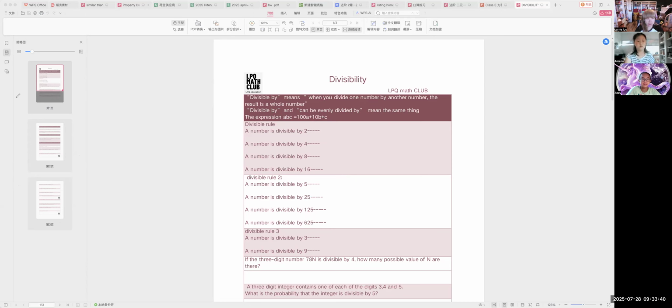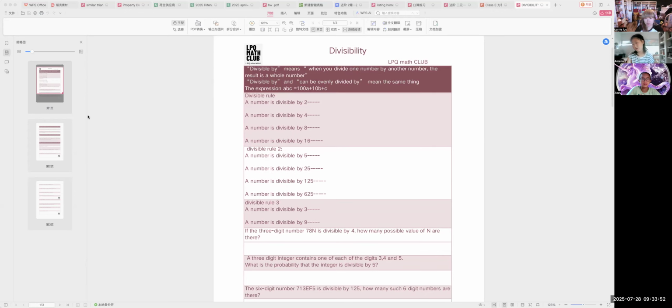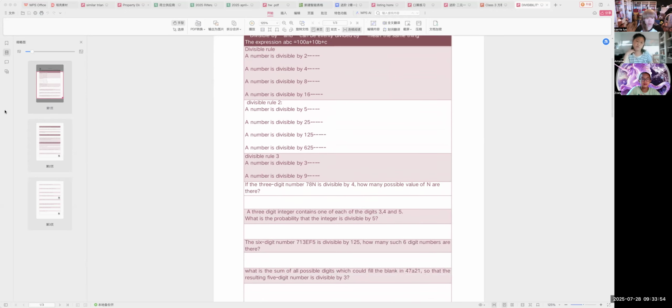Okay, so let's take a look at the most important part, the divisibility rule of 3. A number is divisible by 3 and the number is divisible by 9. Okay, so this one is actually used a lot. We've been using this to solve a lot of problems. So a number is divisible by 3. Okay, let me ask Zoe, do you know that?